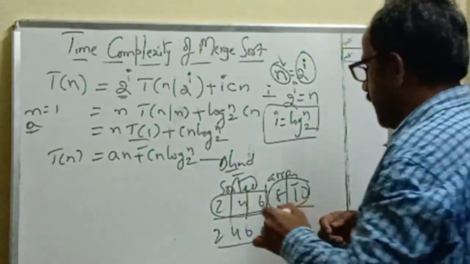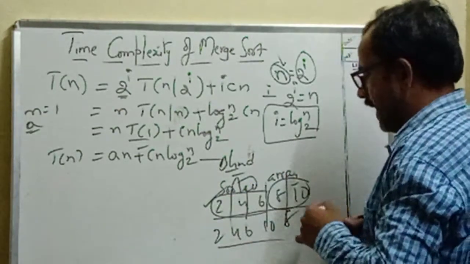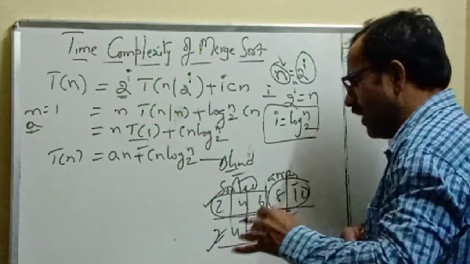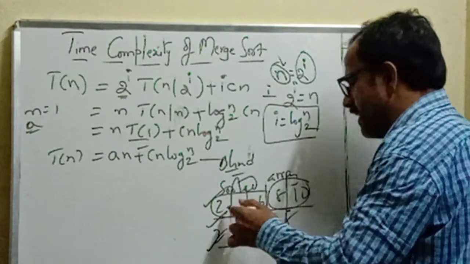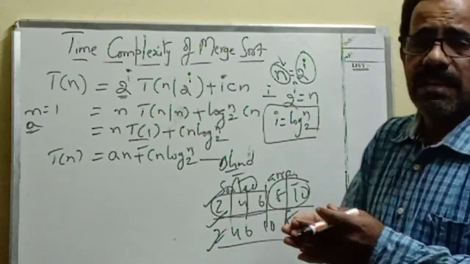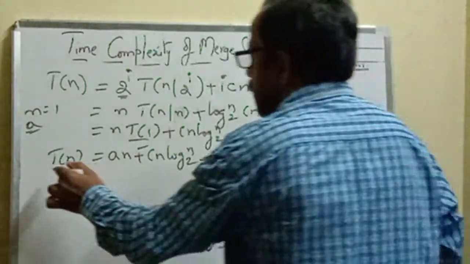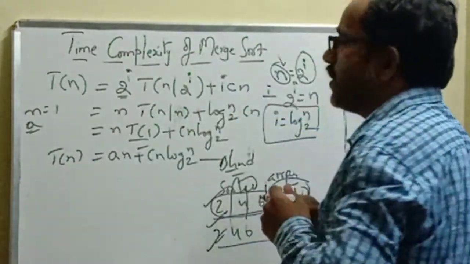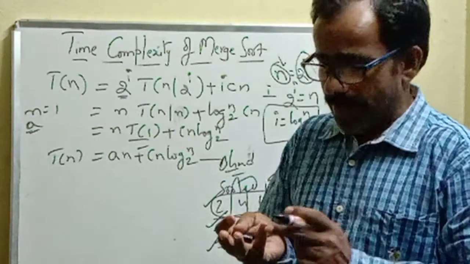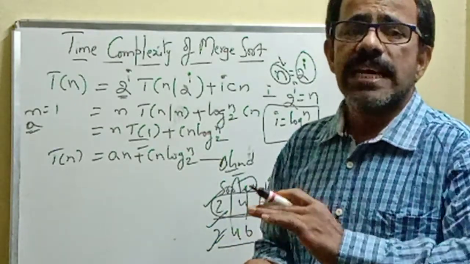That's why even if you give best case input, worst case meaning unordered input, or average case inputs meaning some sorted elements and some unsorted elements, we get the same time complexity. So that's why merge sort's best case, average case and worst case time complexity is the same.